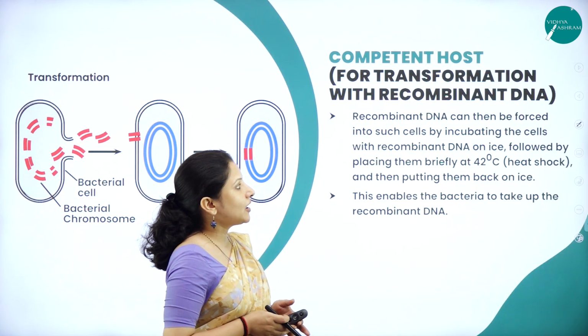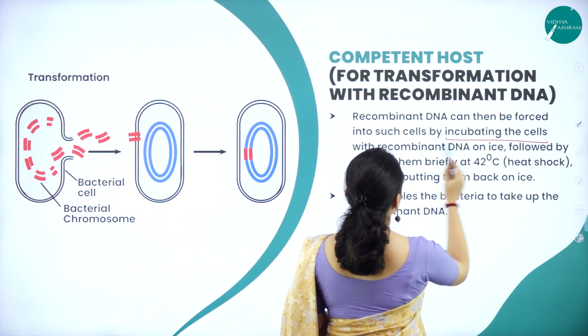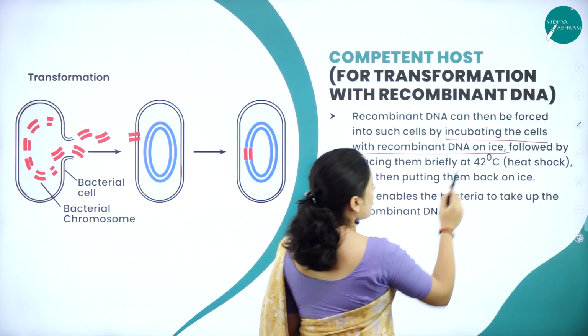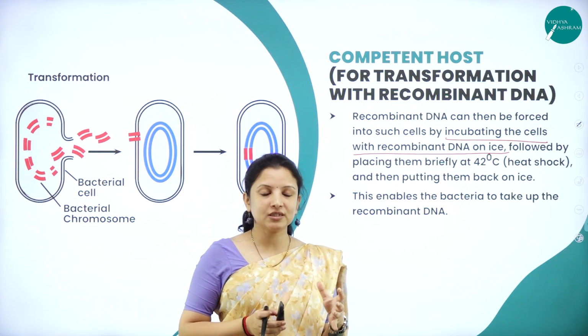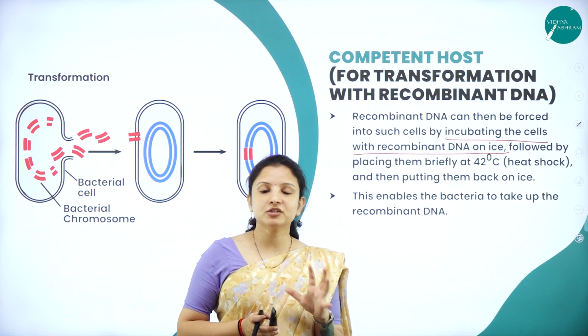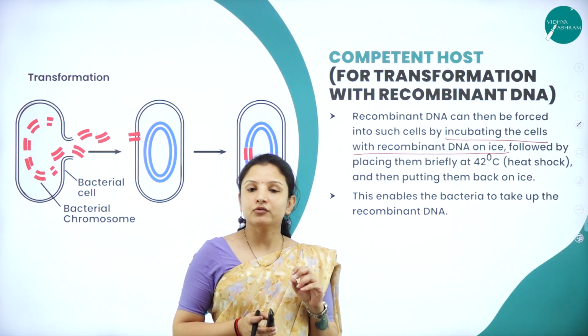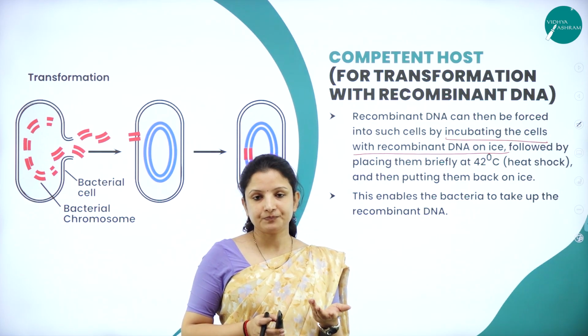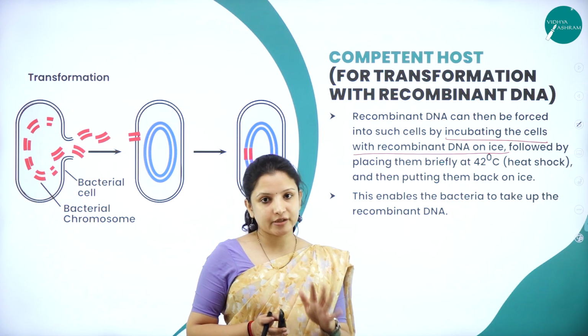So recombinant DNA can then be forced into such cells by incubating the cells with recombinant DNA on ice. First, they will take the bacteria, say for example E. coli bacteria. Now the E. coli bacteria is a vector, right? It has a plasmid, say for example it has the pBR322 plasmid.